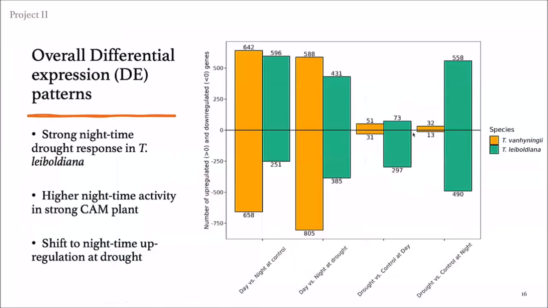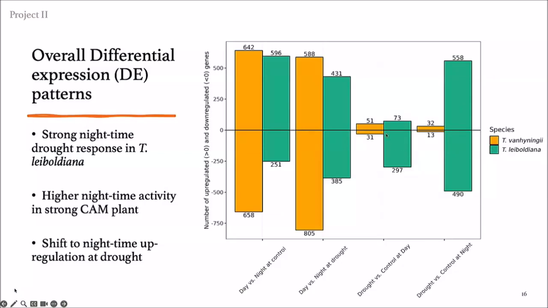And how does this look then on the transcriptome level? So we called differentially expressed genes within species, always between day and night, at control and at drought. That's for these boxes here. And then the others are drought versus control differences at day and at night.